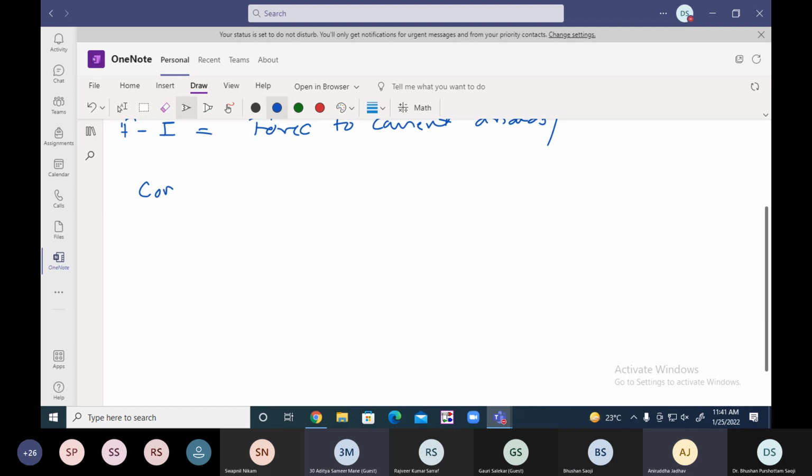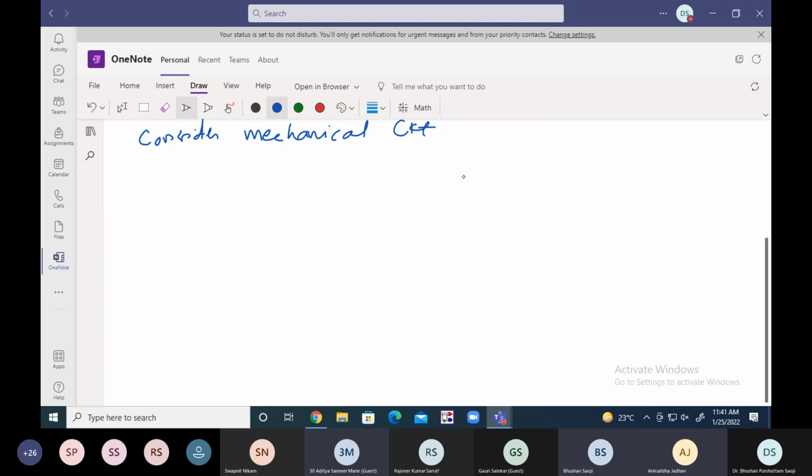Now see here, for this one, in the last period that we have seen, consider mechanical circuits. Let us assume these are the circuits that we have studied in the last period.